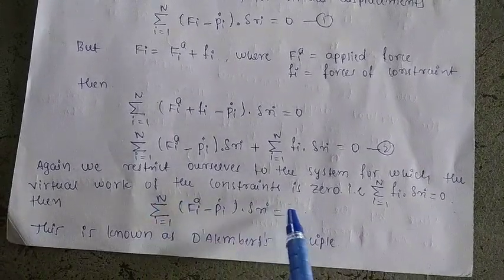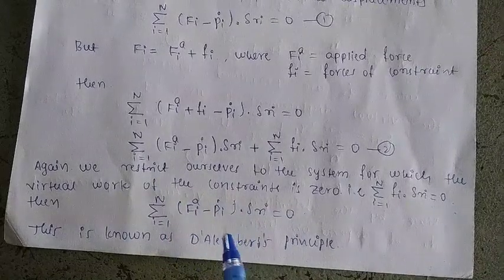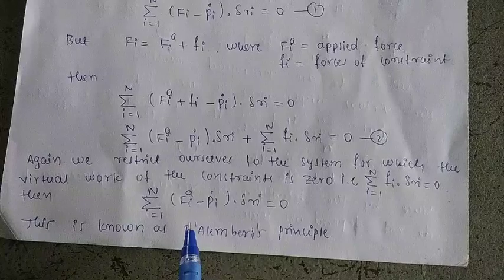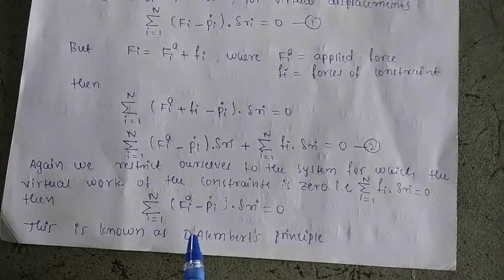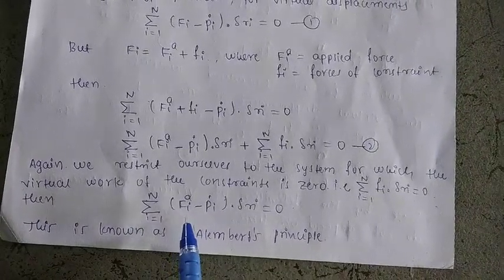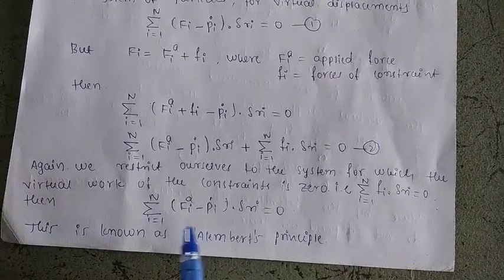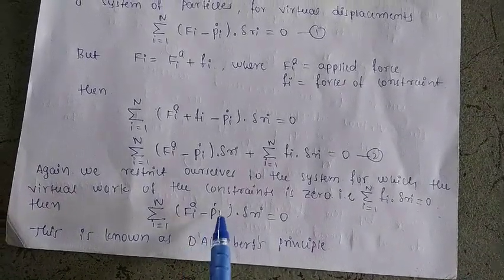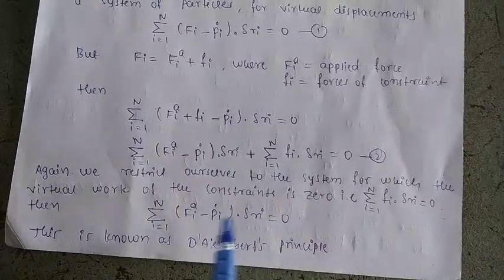This equation is known as D'Alembert's principle. As I said, the statement of D'Alembert's principle is that the particle in the system will be in equilibrium under a force equal to this reversed effective force.